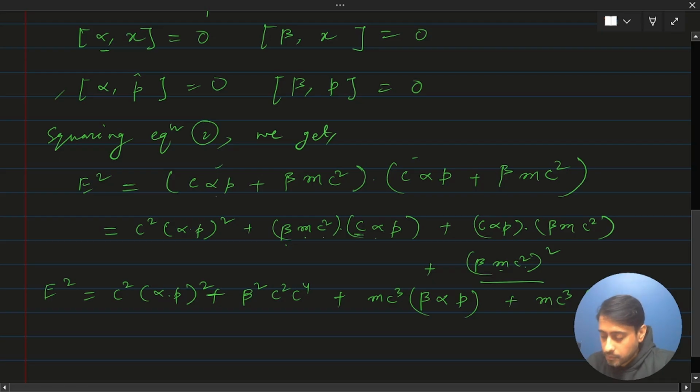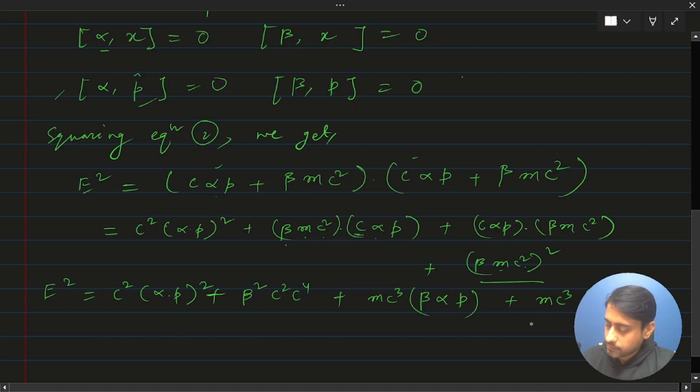We know that p is commuting with beta and alpha, from these expressions, but we are not sure that alpha will commute with beta. So we are not assuming this.